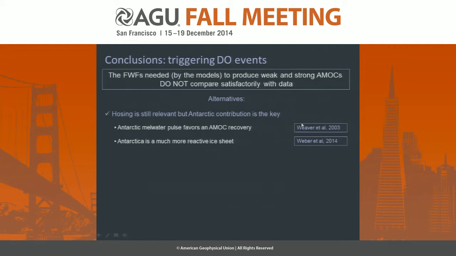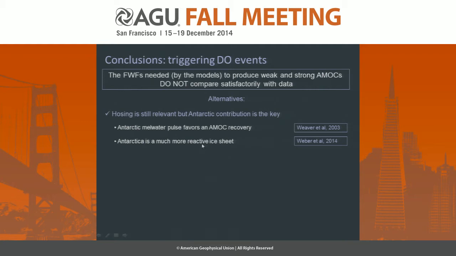The first one, more than 10 years ago, was Weaver, which showed that putting freshwater flux in Antarctica can help to make a recovery of the AMOC. But more surprisingly, perhaps, is this paper of Weber, which found IRD curves during the deglaciation, which would indicate that Antarctica is a much more reactive ice sheet than we previously thought.